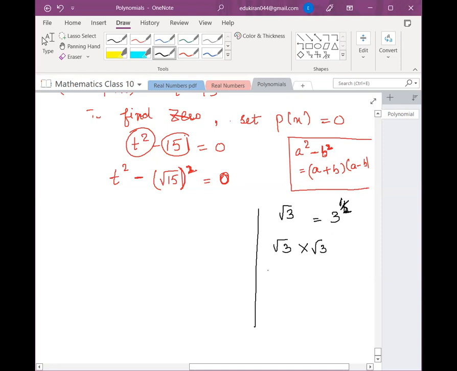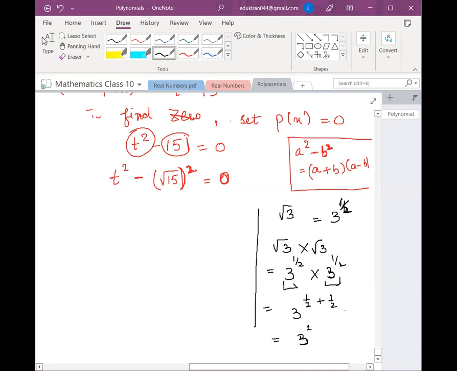If you remember exponents and powers, if I do root 3 into root 3, I want to multiply these two numbers. This means 3 to the power half into 3 to the power half. If I have the same base, the powers add up. So I'll write 3 and the powers add up: half plus half. And what is half plus half? 1.